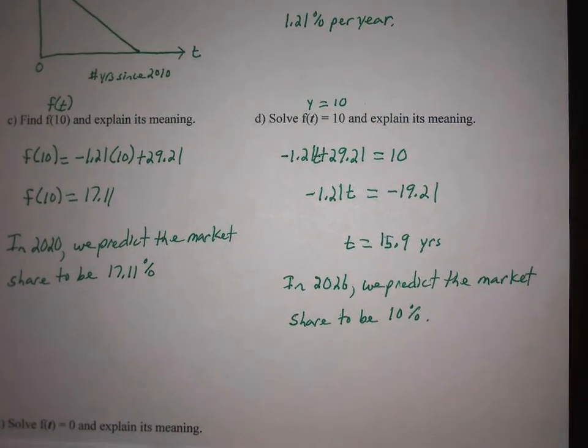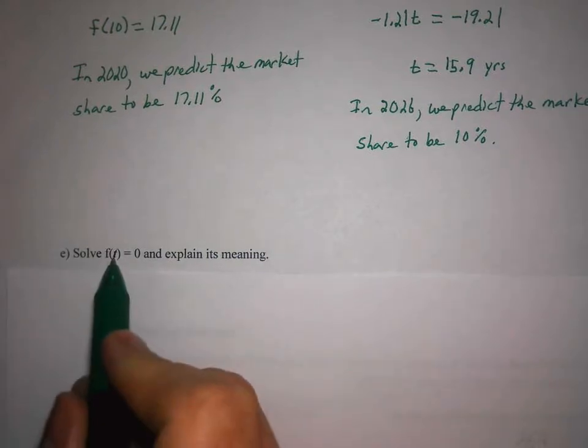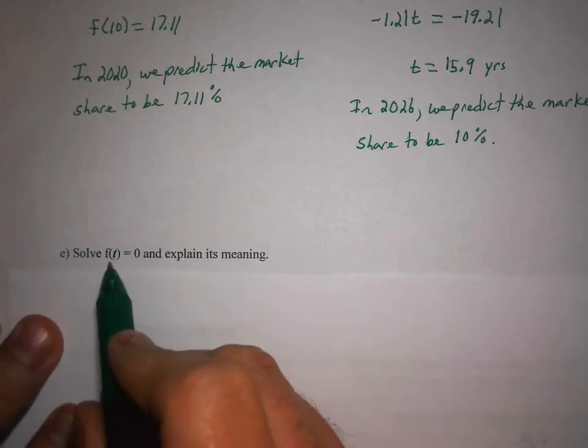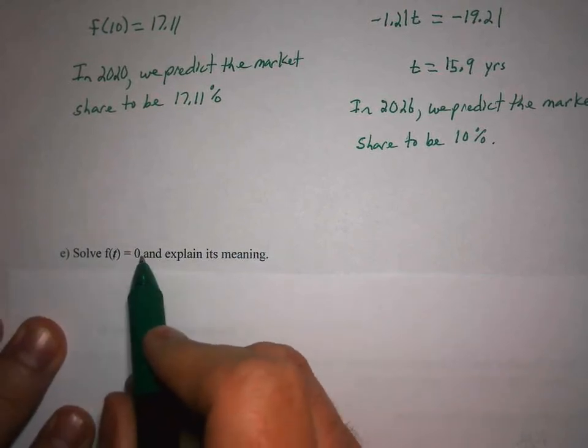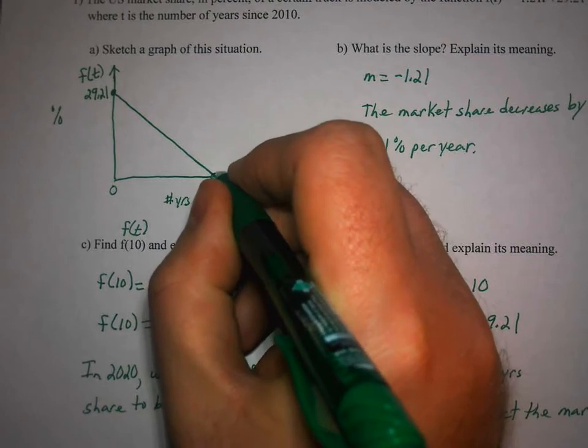And then the last part here for this question, solve f of t equals 0. So there we're saying, find the t value when you get 0 for an answer. What that's asking you to find is, after how many years will the market share be 0? The market share is 0 on our graph down here.